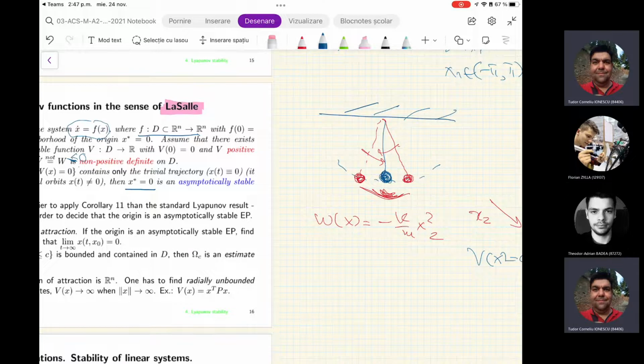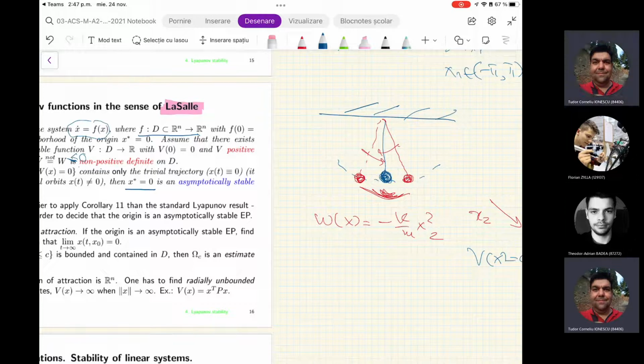That means that if the only trajectory where the energy is constant is the equilibrium point and the energy is decreasing, it means the energy is monotonically decreasing. It means that the system is asymptotically stable. Does this make sense to you?